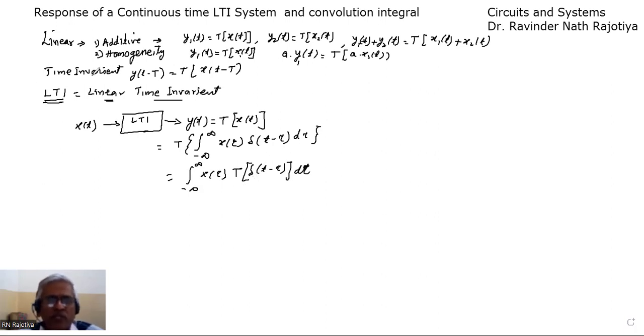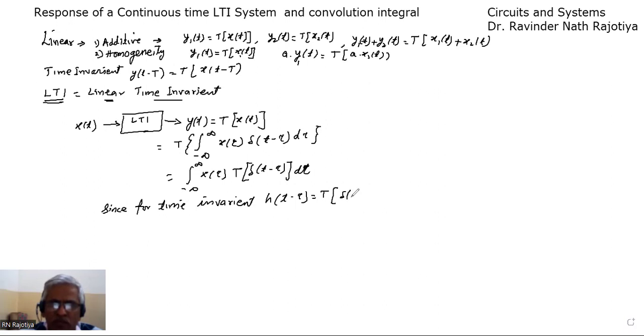Looking back at the time invariant property, for a time invariant system we know that the response h of t minus tau is equal to the operation on this signal, that is delta of t minus tau.